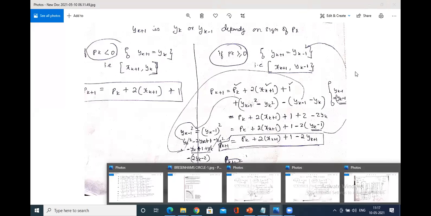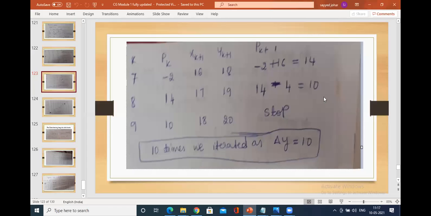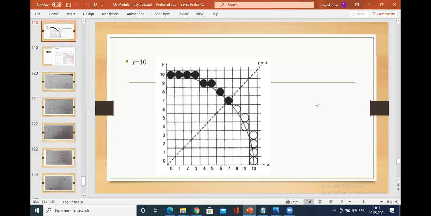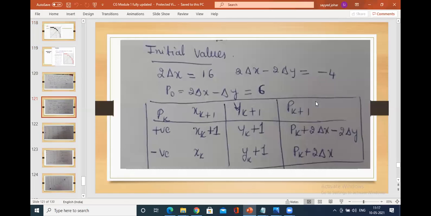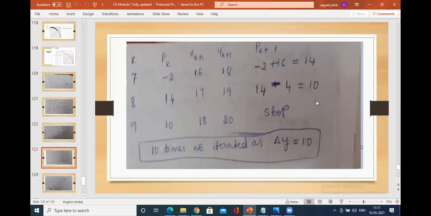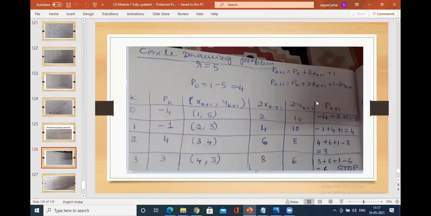For this problem, 100% fixed. Given the radius, for example, if this itself is a problem in the exam, circle drawing, given the radius r equals 5, find the octant. Then you have to calculate the initial pk, 1 minus r. 1 minus r is -4. Based on this pk value, you have to find 1 and 5.